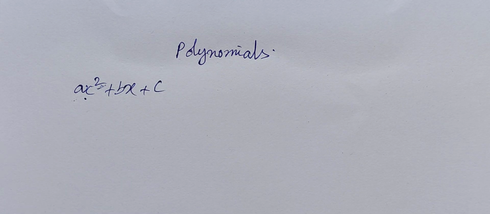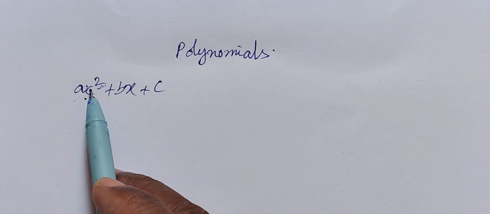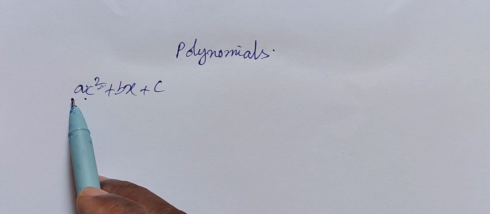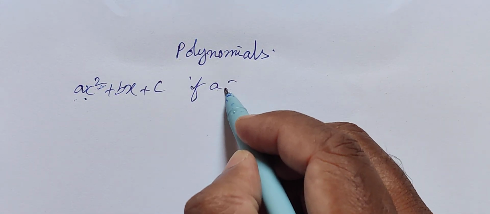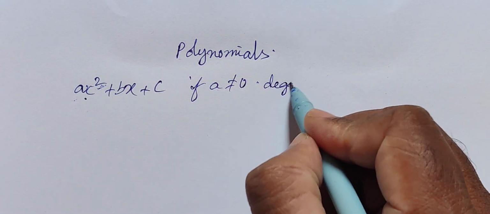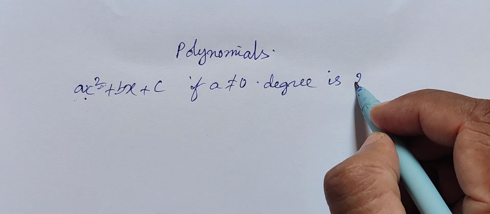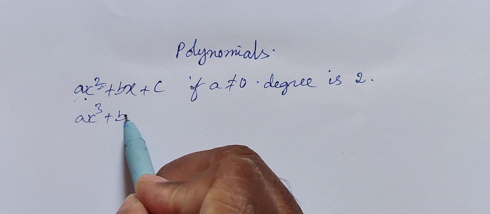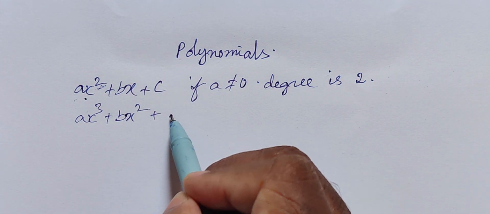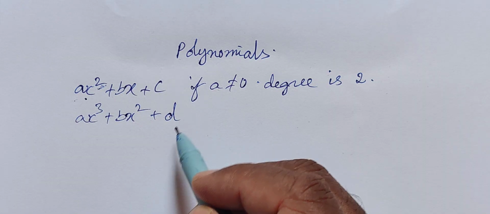The highest power of x whose coefficient is non-zero is called the degree of the polynomial. So here in this case the highest power is x square, whose coefficient a is not equal to 0. If a is not equal to 0, then the degree of this polynomial is 2. If there is something like ax cube plus bx square plus, I am purposely omitting cx, instead I would say d.